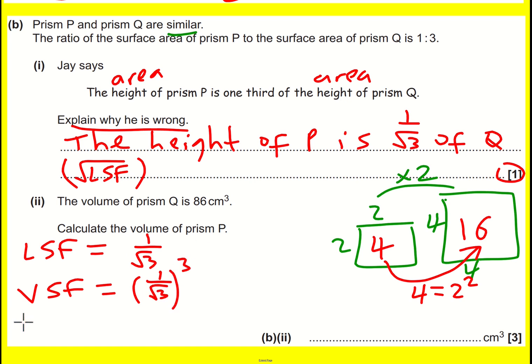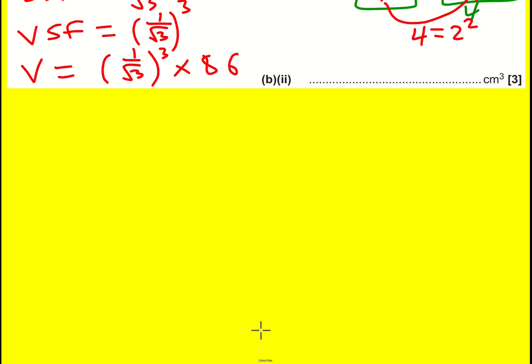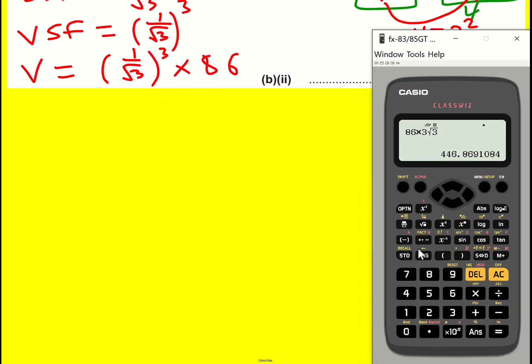And therefore, the volume will equal this volume scale factor times 86. I'm just wondering whether I explained that in enough detail. I think I'm just going to do a little bit more. I'll get the answer and then I'll explain a little bit more. So if we have 1 divided by the square root of 3, that was the length scale factor.